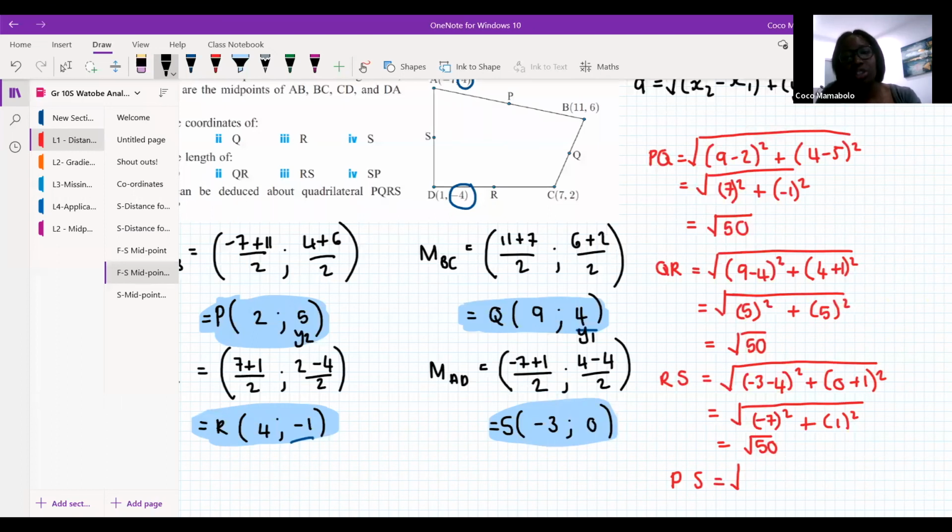The only thing you need to do is make sure that if this is Y1, this is also X1, and if this is Y2, this is also X2. So you can't switch around the X1s and the X2s. If your X2 is somewhere, it needs to be right next to your Y2, and if your X1 is somewhere, it needs to be right next to your Y1. The order in which you do them doesn't really matter. You can choose whichever one you want to go first.